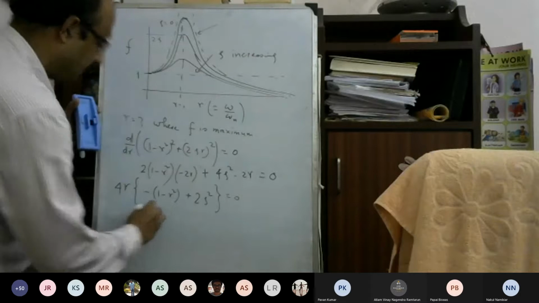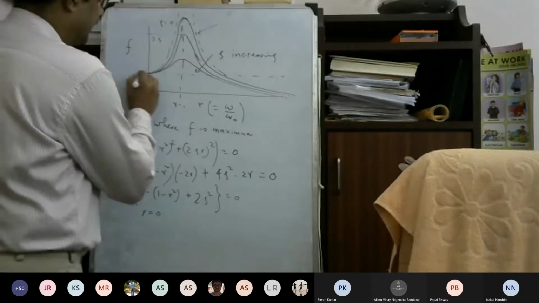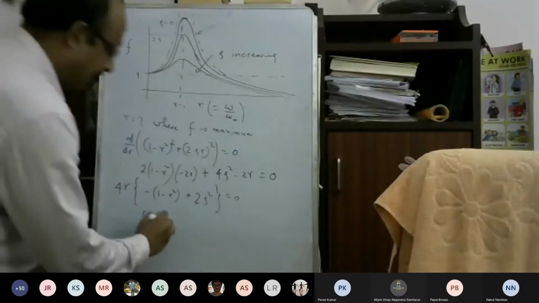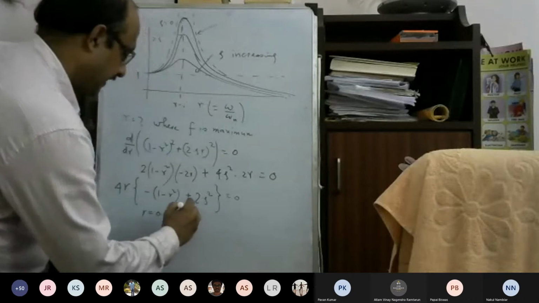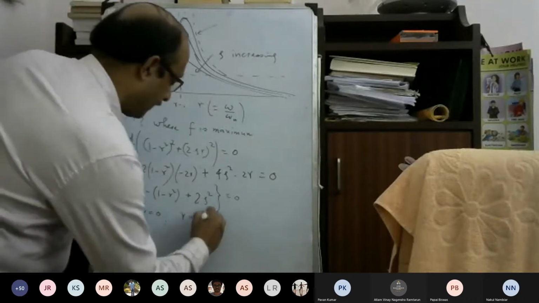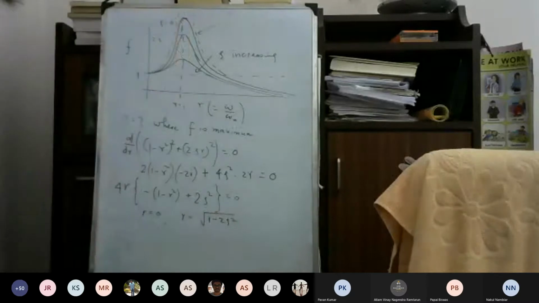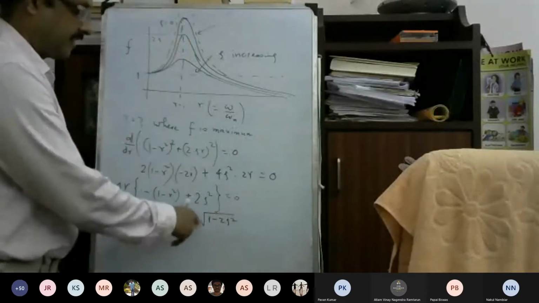One is r equal to 0, and at r equal to 0, you see that this is actually a minimum. It is not a maximum. And the maximum will happen when r equals root of 1 minus 2 zeta square. So these are the two roots of this equation. I am taking the positive root only.